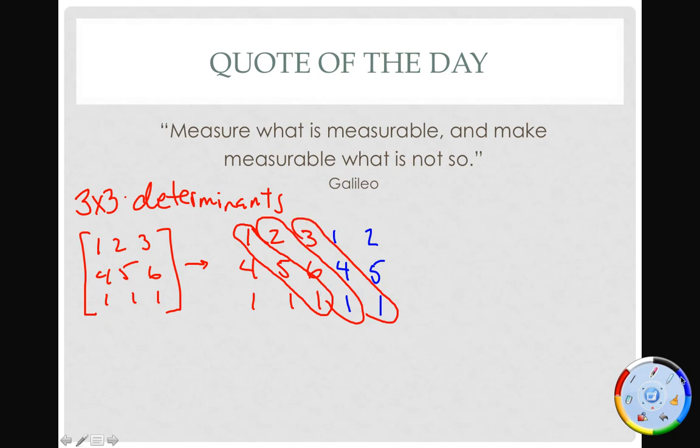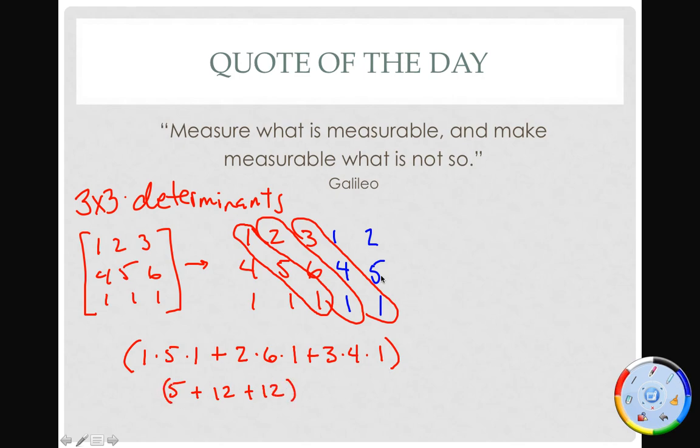And you find those products, and you say, okay, 1 times 5 times 1 plus 2 times 6 times 1 plus 3 times 4 times 1. So I get 5 plus 12 plus 12.